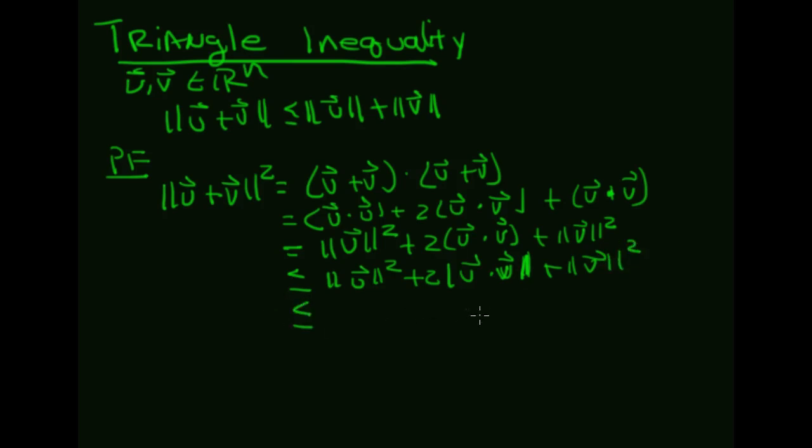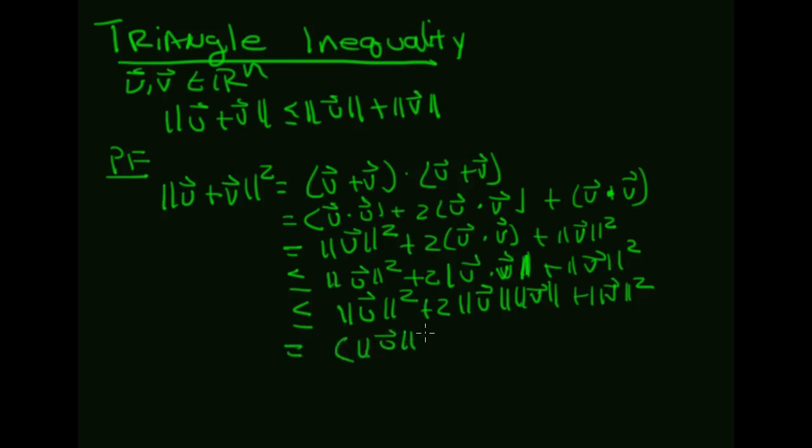because now by Cauchy-Schwarz, this has to be less than or equal to the magnitude of u squared plus 2 times the magnitude of u times the magnitude of v plus the magnitude of v squared, which is equal to the magnitude of u plus the magnitude of v, squared, because it's a binomial square.